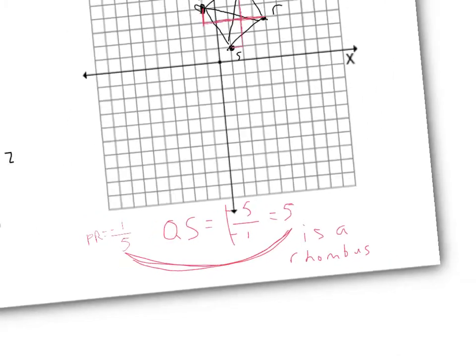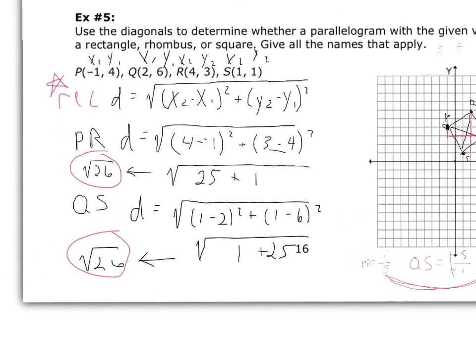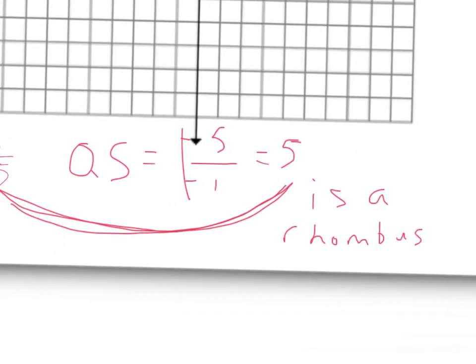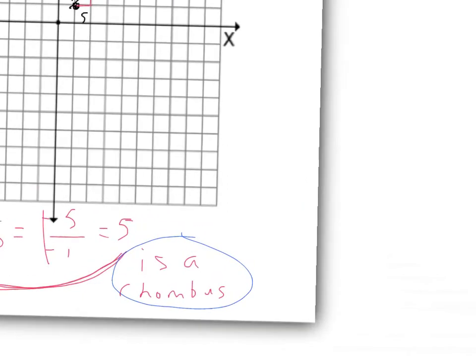Okay, so since you have a rectangle and a rhombus, you also have a square.